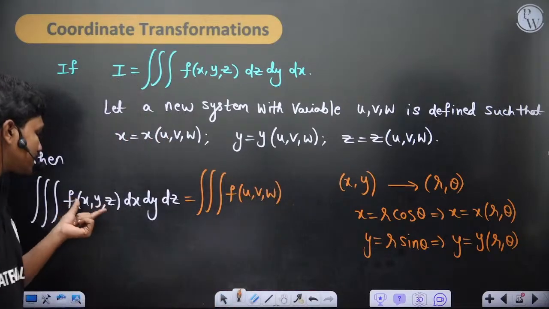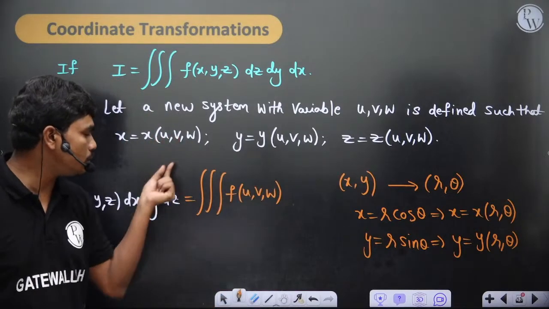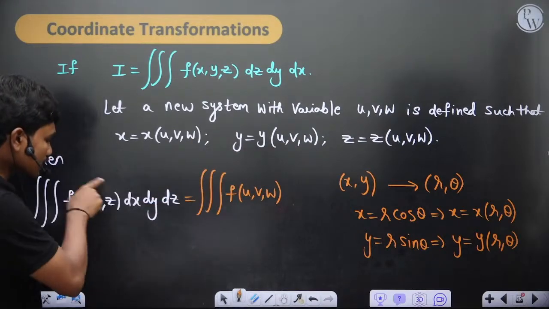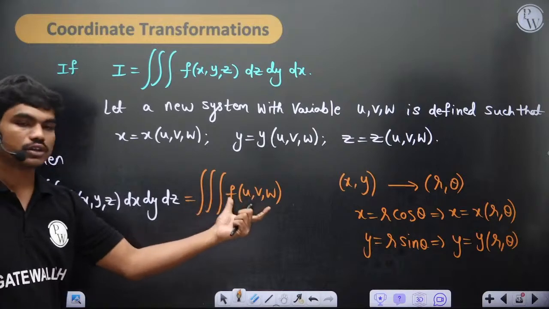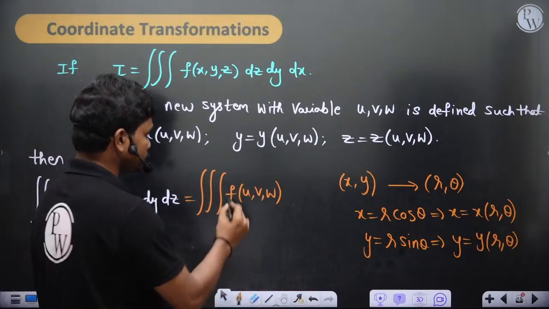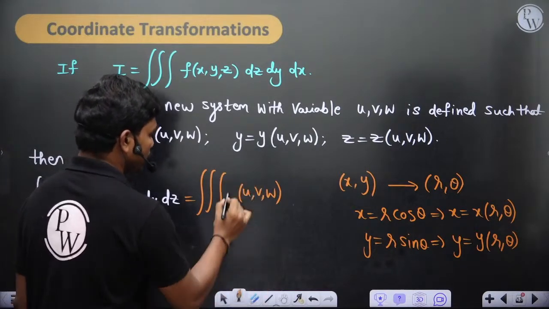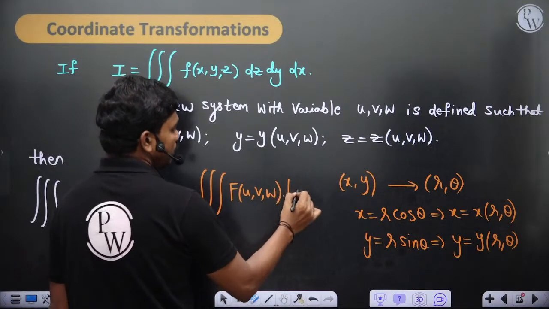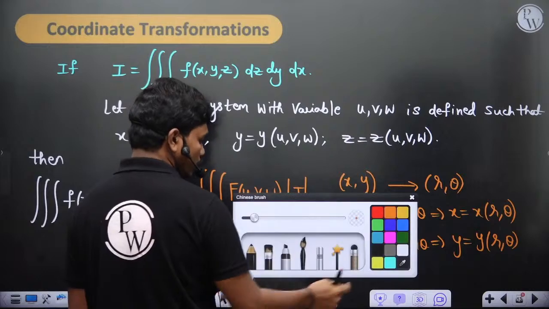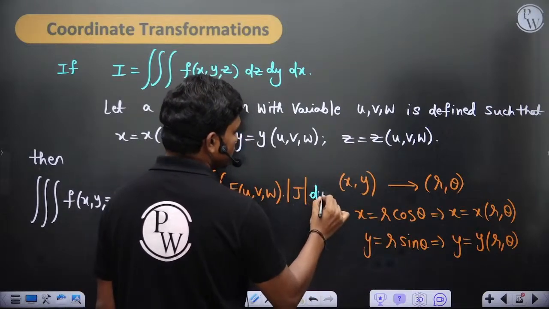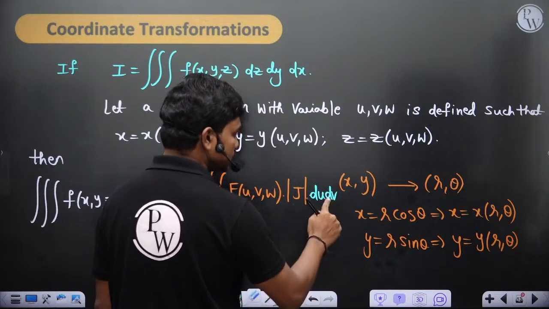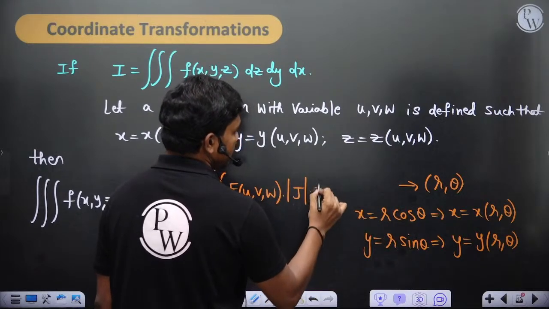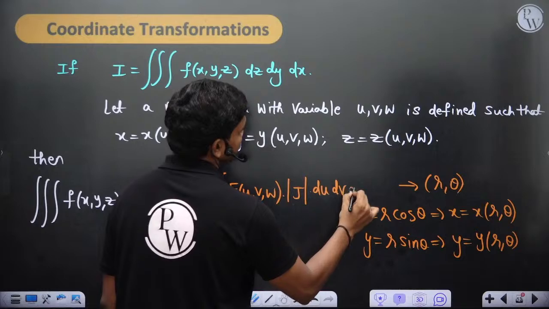Basically, you can replace x, y and z in terms of u, v, w, so this complete function gets converted to some function of u, v, w, into the modulus of J, which we'll see shortly, times du dv dw.